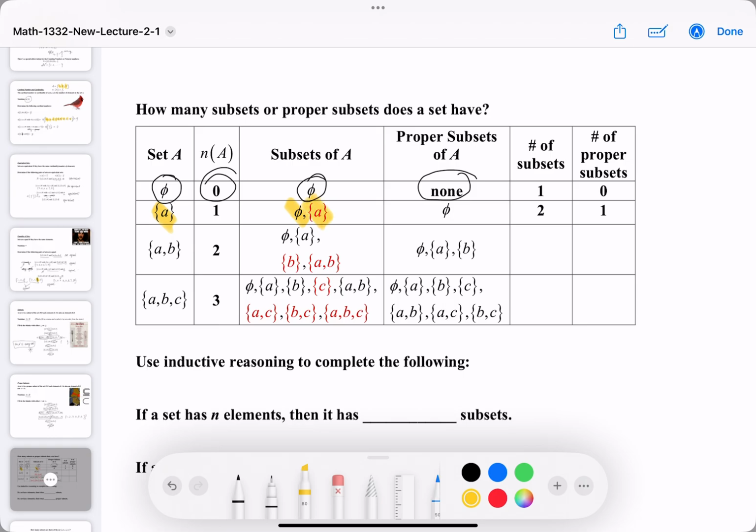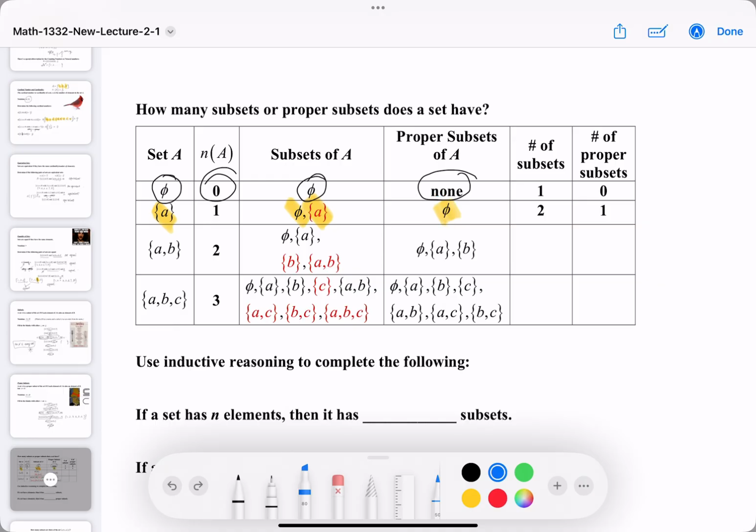It is A. The proper subset is phi because I cannot choose A, since set A is equal to set A. So I cannot choose the equal one. For the number of subsets, we have 1, 2. So the number of subsets is 2. The number of proper subsets is 1, phi only.